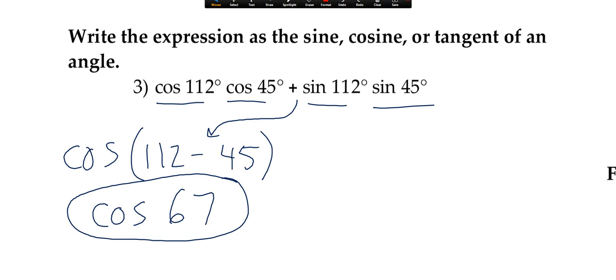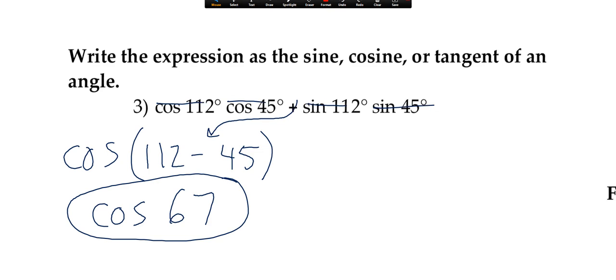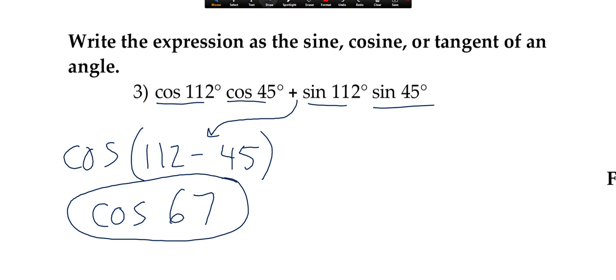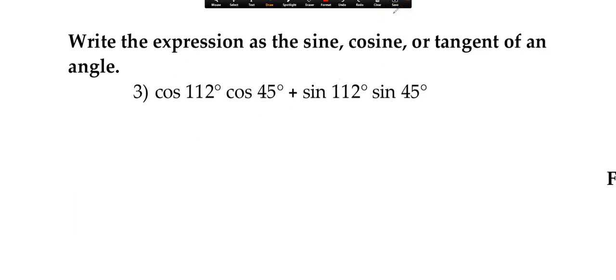So we decided it was a cosine because it was x, y, y. Okay, that's why it was a cosine. We used the opposite sign, and we subtracted with our brains. And got 112 minus 45 is 67. Okay, so that's all that question was. Well, yeah, that's because it says write the expression as a sine, cosine, or tangent, just like the ones we did in class when we practiced together.